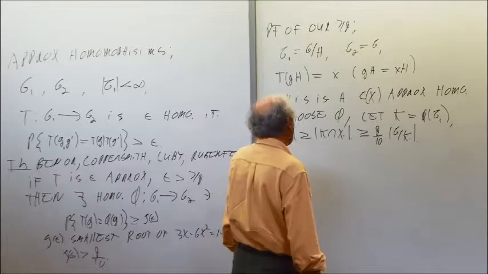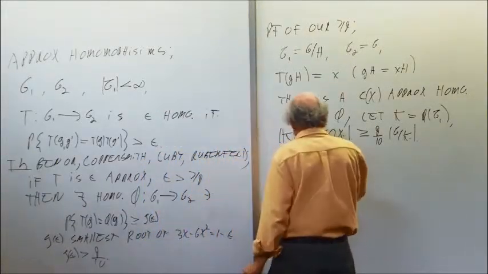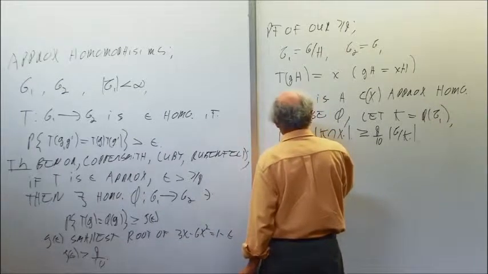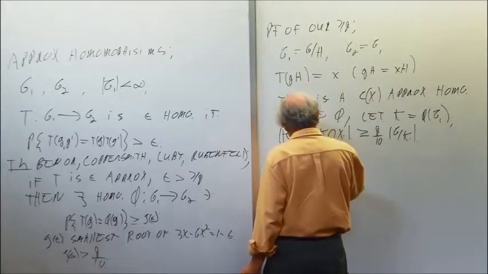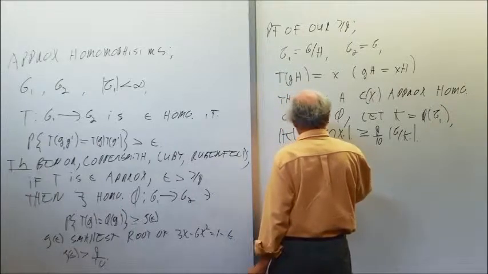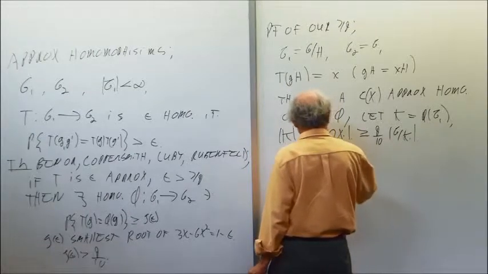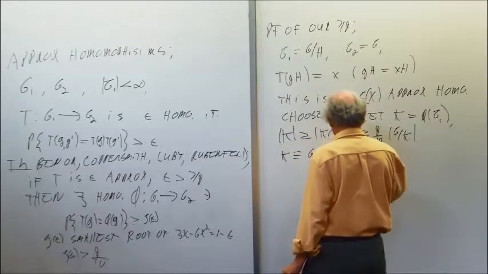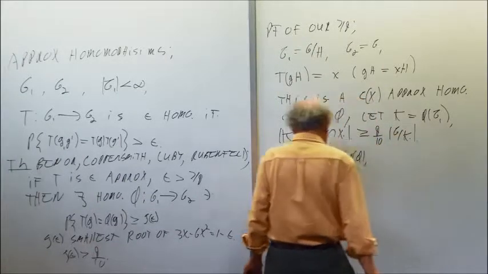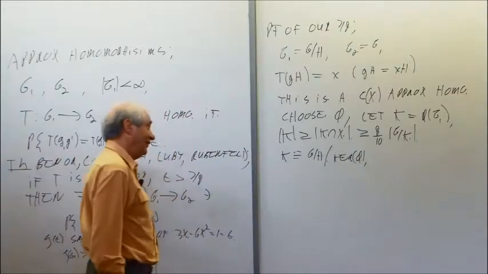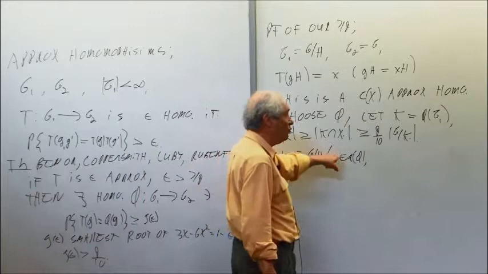So it's also the case, I have a homomorphism. So by the first isomorphism theorem, this K is isomorphic to G1 mod the kernel of phi. Now, if the kernel isn't just the identity, its size is at least 2.